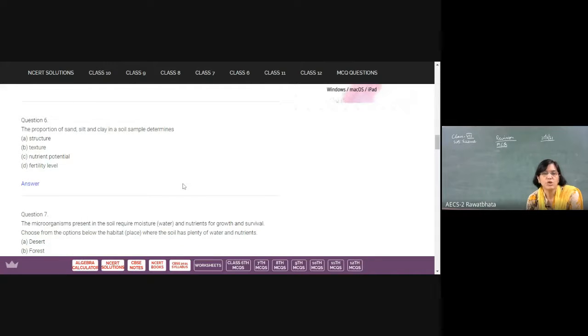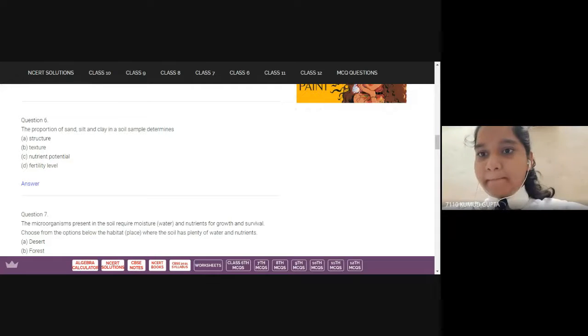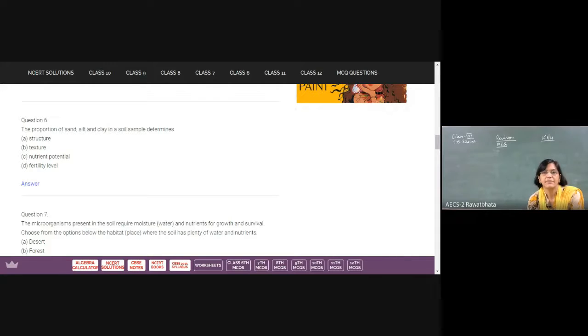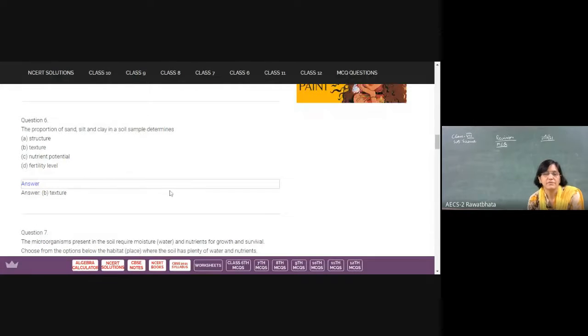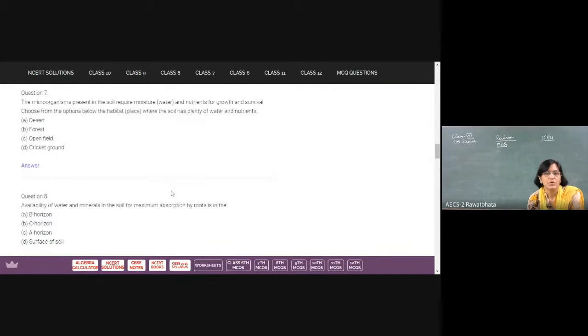The proportion of sand, silt and clay in a soil sample determines all the proportion, all the three. What exactly does it determine? Kumud, ma'am, texture. Very good. Texture.